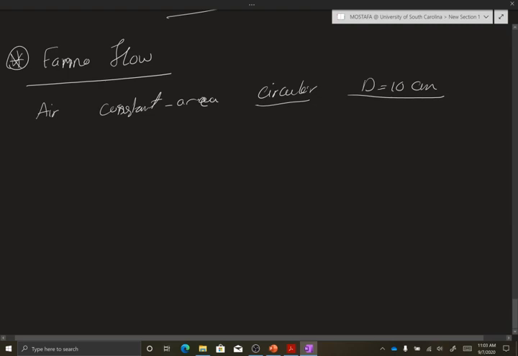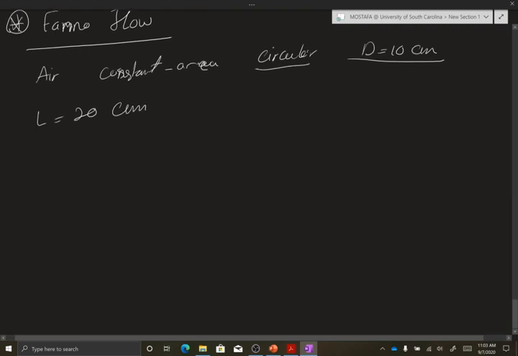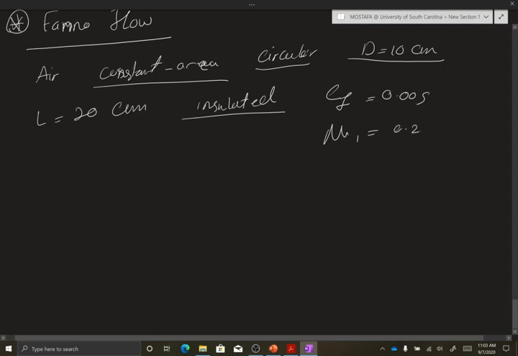The length of duct is L equals 20 meters. Okay, the duct is insulated, so no heat transfer, constant area, means that we are dealing with the Fanno flow, right? And the flow is of course assumed to be adiabatic. The average wall friction coefficient, C of F, is 0.005, and the inlet Mach number is M1 equals 0.24.